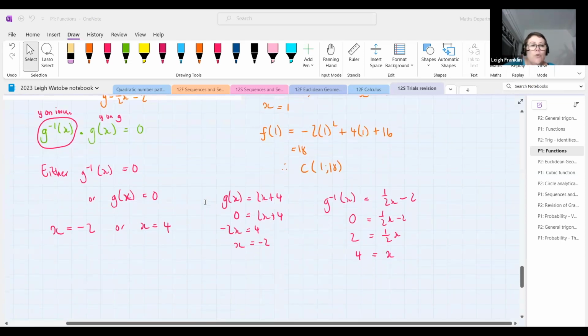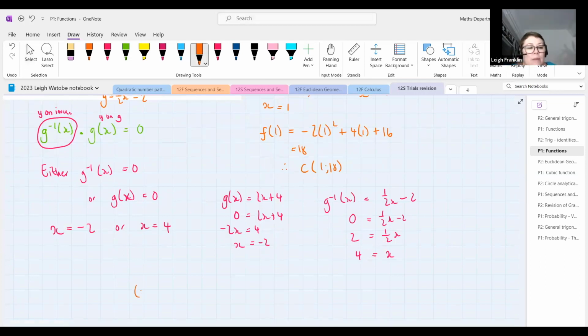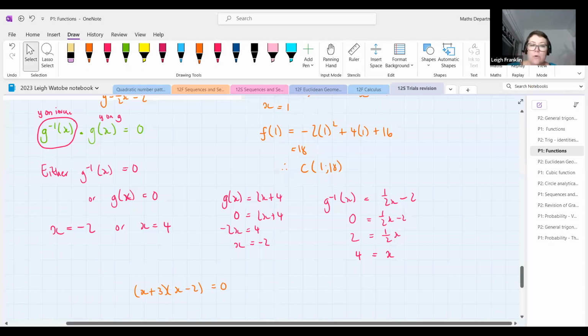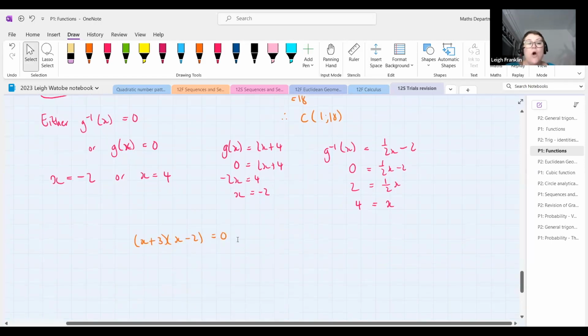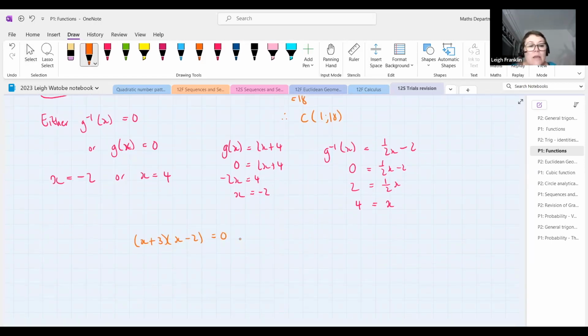Okay, all right. So, Lucidi, you know when you are solving a quadratic equation and you've ended up factorizing it. So let's say you've got (x plus 3)(x minus 2) equals 0. The only way you can have two things multiplied together to equal 0 is either x plus 3 equals 0 or x minus 2 equals 0.